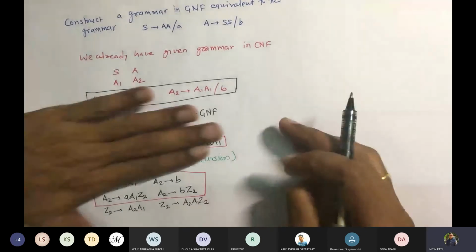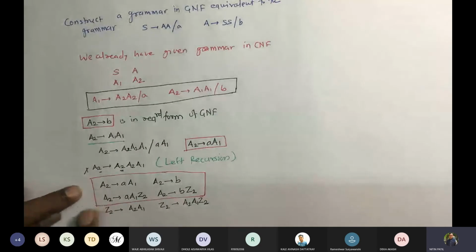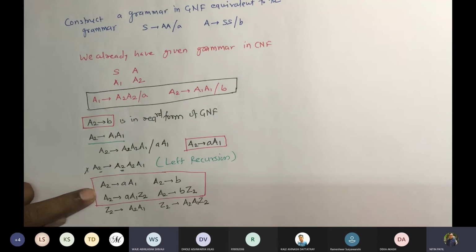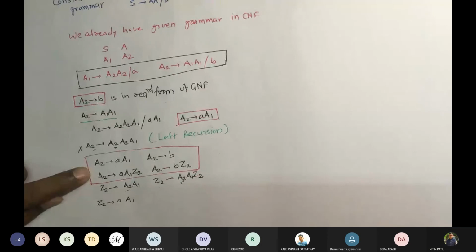Fine. Now, how many values are there for A2? Now we will forget the above part. Now I will mark this one, so we will concentrate on this. How many values are there for A2? 4. So replace those 4 here. So what does it result in? Let me write Z2. Z2 gives A1. Is it visible? If I put A2 as A1, I will get A1 in place of this A2 and this A1 as it is.